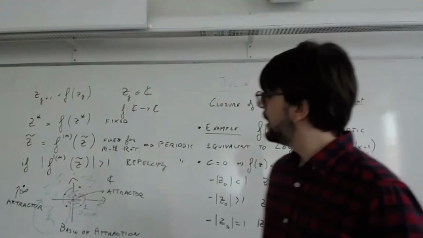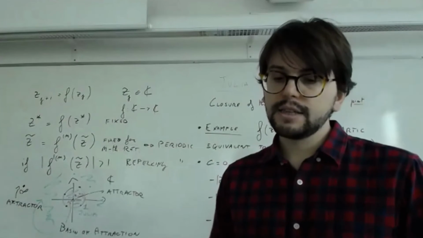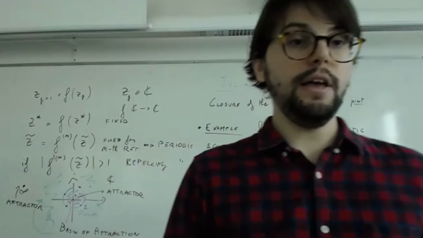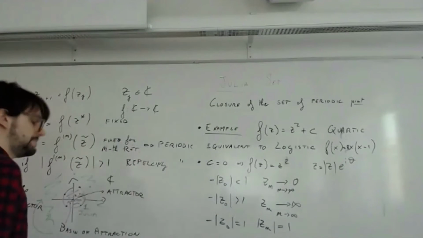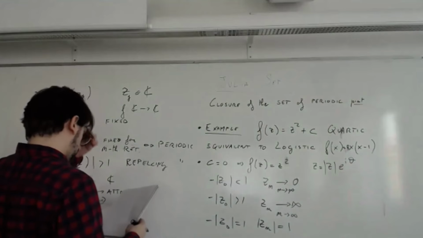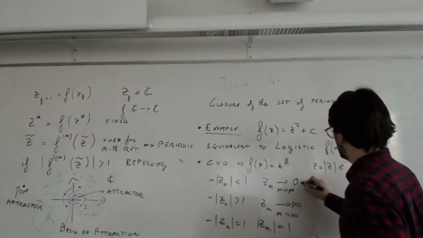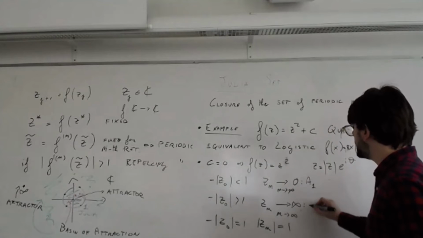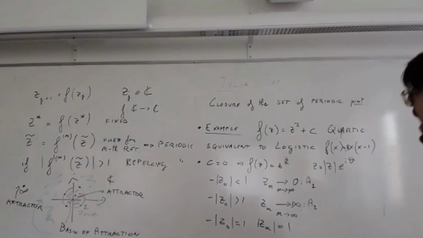And there is a border between these two basins of attraction, and this border is called the Julia set. Okay, so I define the 0 as attractor A1. I define the infinity as attractor A2. Okay, and then I have a basin.